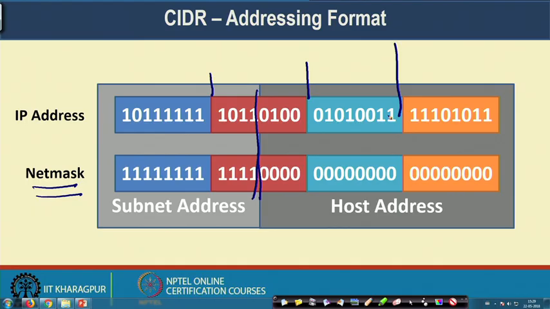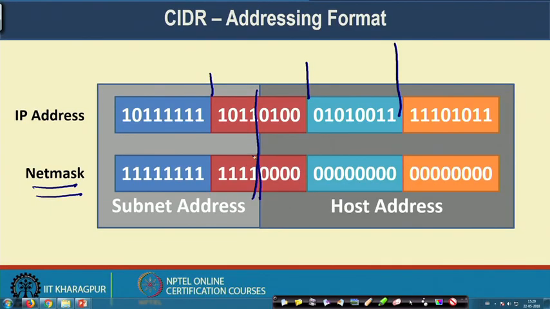Now, we are not using those fixed boundaries, rather a variable boundary. In that variable boundary, the subnet mask has all ones, and these ones denote that this many bits belong to your subnet IP.